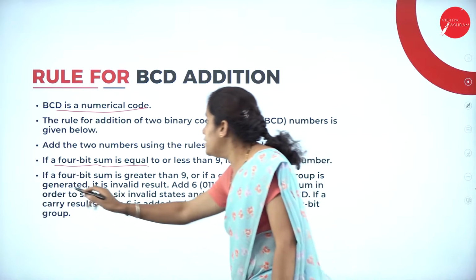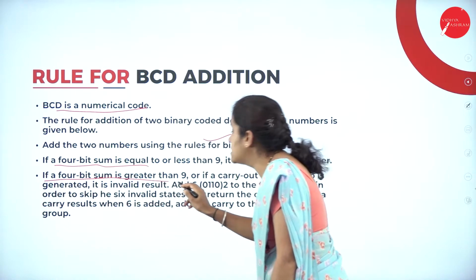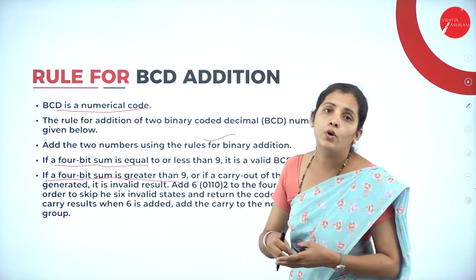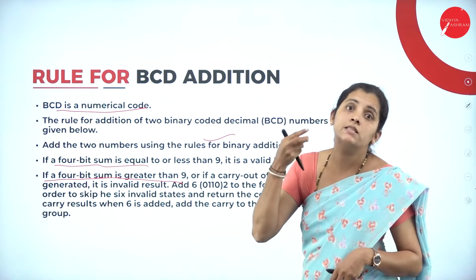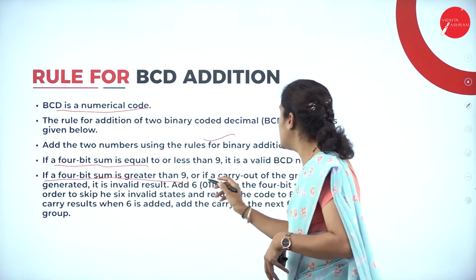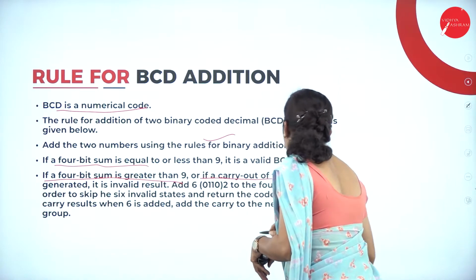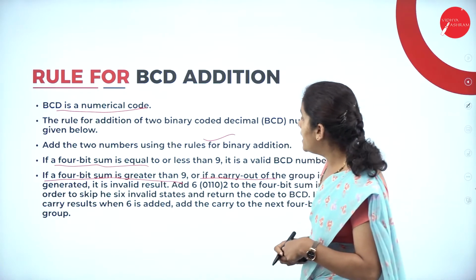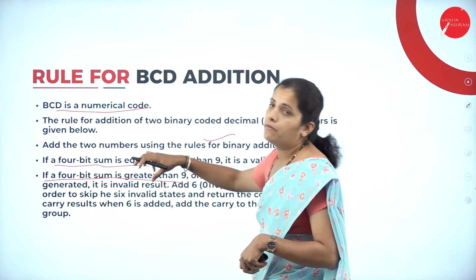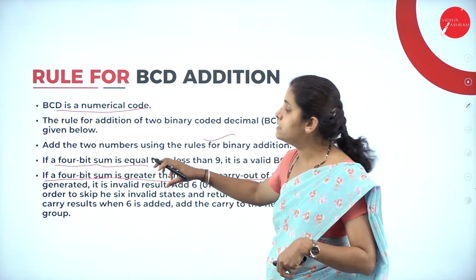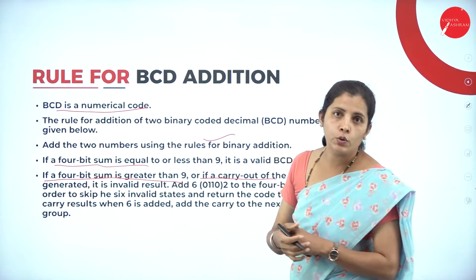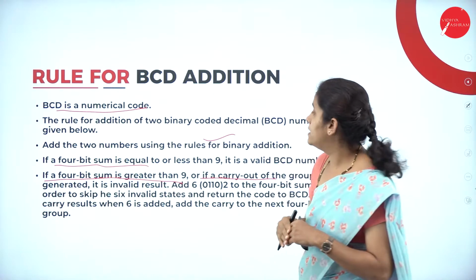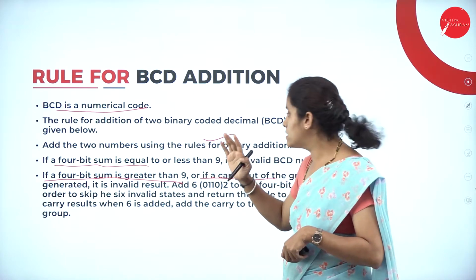Else, if the 4-bit sum is greater than 9, I repeat, whatever sum you get, if the sum is greater than 9, or if a carry out of the group is generated, then it is an invalid result.